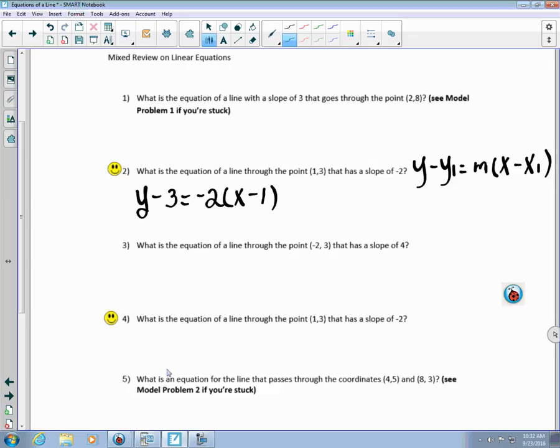So what I'm going to do is I'm going to take this one and write it in standard form. What was standard form? AX plus BY equals C. Very good. So what do you think is my first step over here?